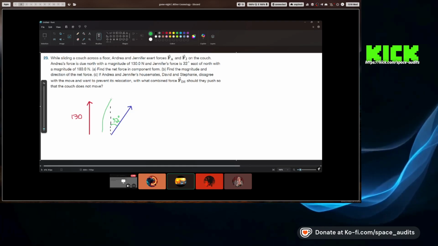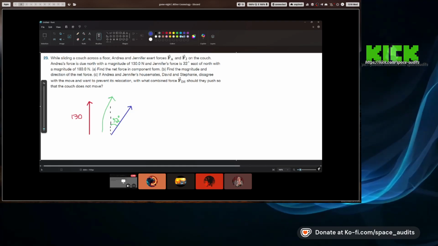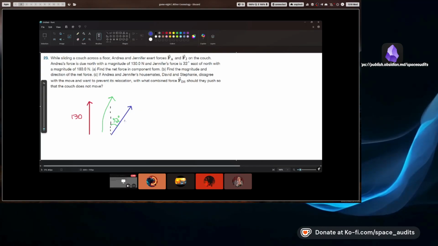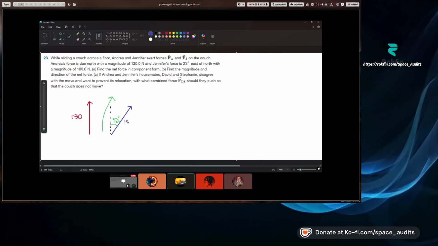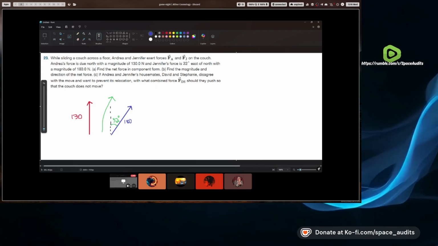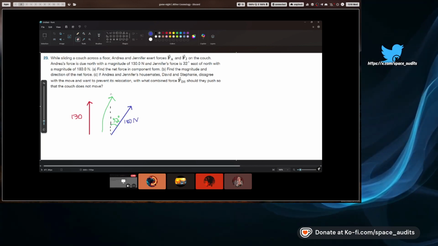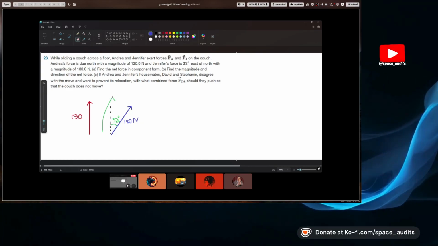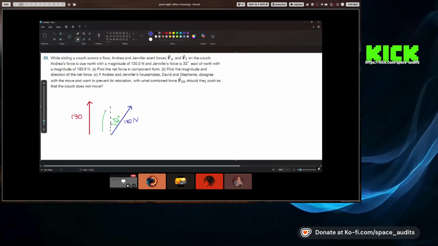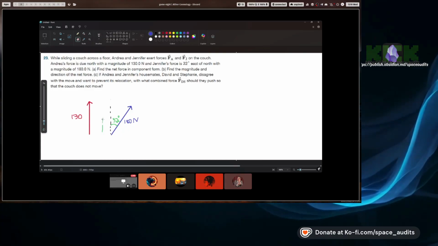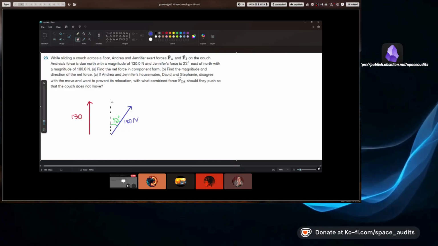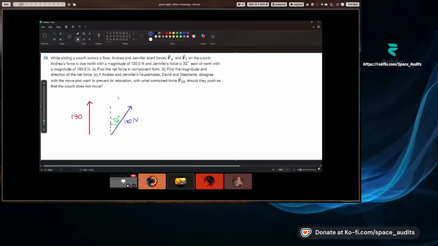We're going to have an F net that's up here. This is 180 newtons. So this net force, we're going to have to figure out what its direction is.